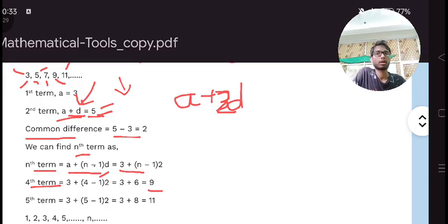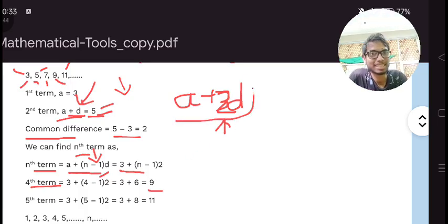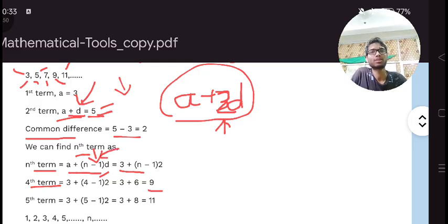A plus n minus 1, what is happening here? n minus 1 is nothing but just this. So you can easily say that this is equal to this formula. A plus 2D, A plus n minus 1 D.